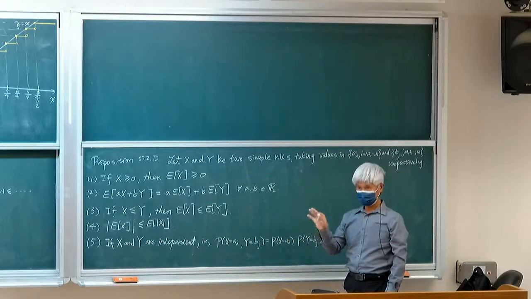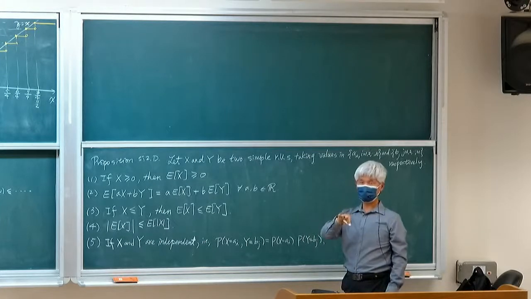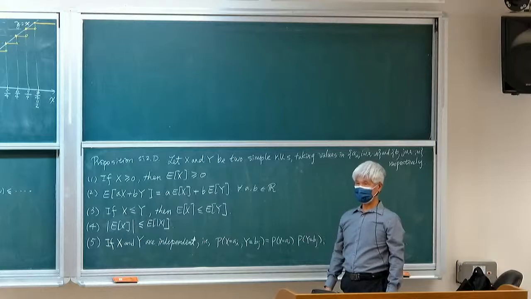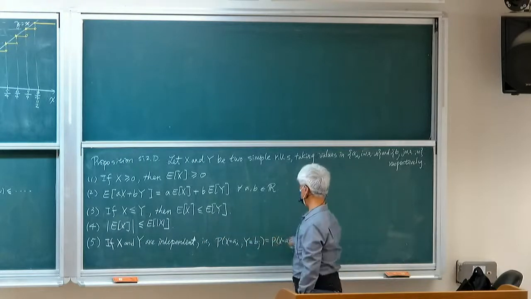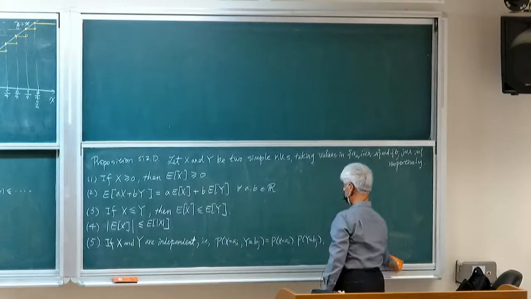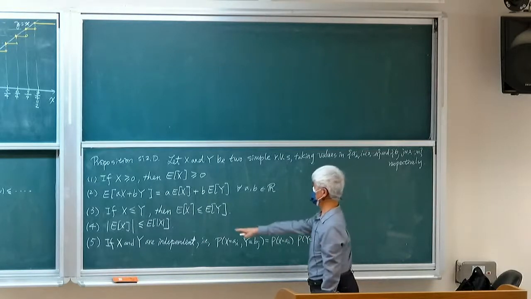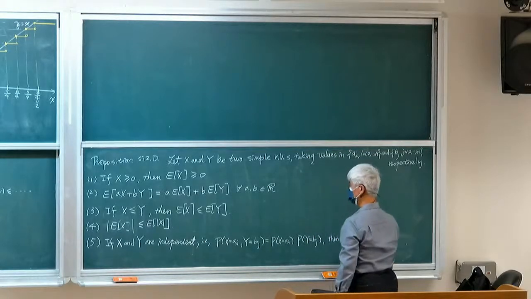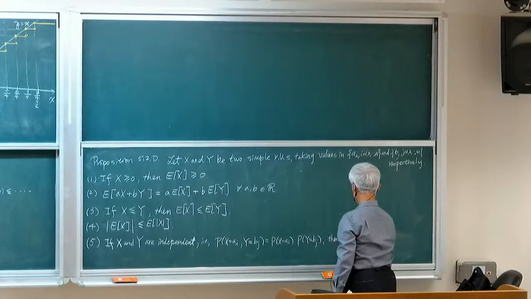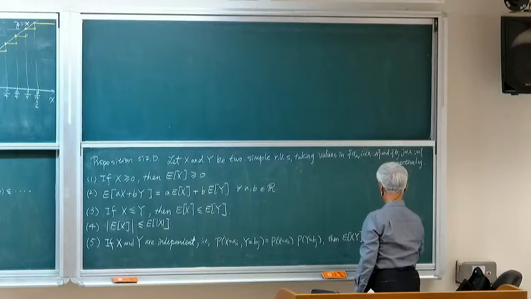That is the definition of independence between two discrete random variables, which you can go back and look up. So if X and Y are independent, then the expectation of their product is equal to the product of their respective expectations.